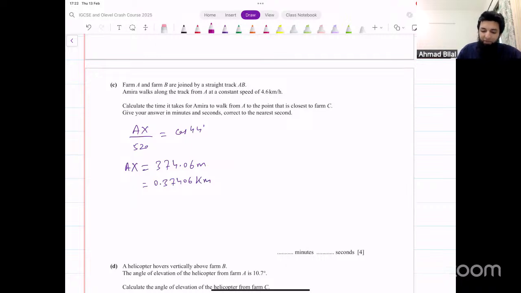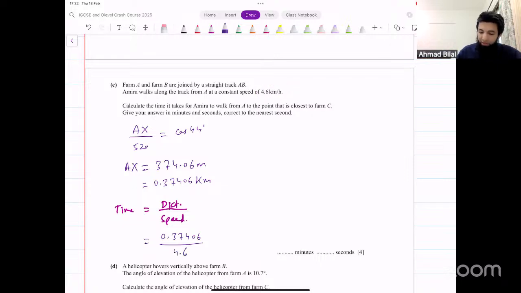So this distance in kilometers is this. Now, what we can do is find the time in hours first and see what that turns out to be. Time is distance over speed. What's the distance that we have here? Distance is 0.37406 kilometers. Divide by the speed, which is 4.6.